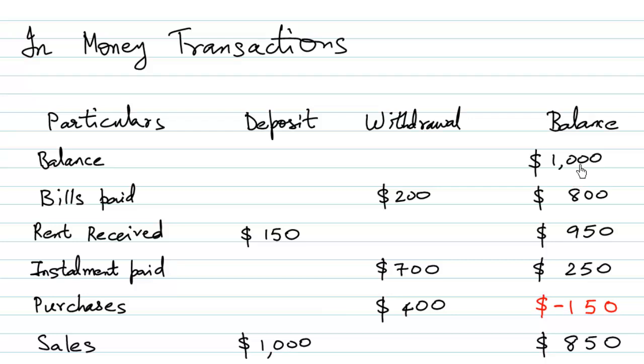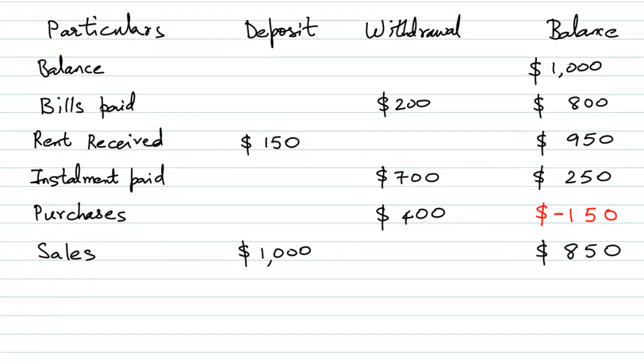He withdrew $200 from his account, and therefore now he has $800. 1,000 minus 200 is $800. But then suppose he receives some income, some rent of $150. Then 800 plus 150 is 950. So now he has a balance of $950 in his account.